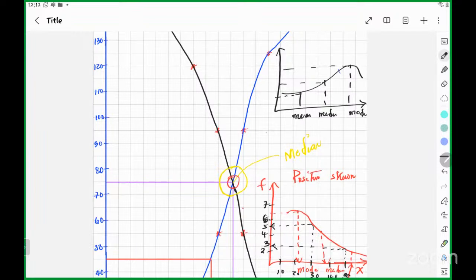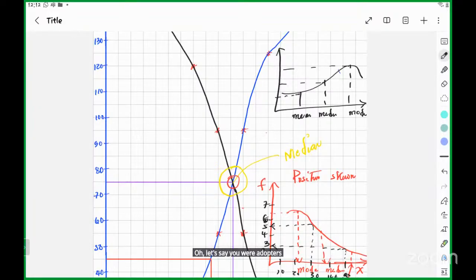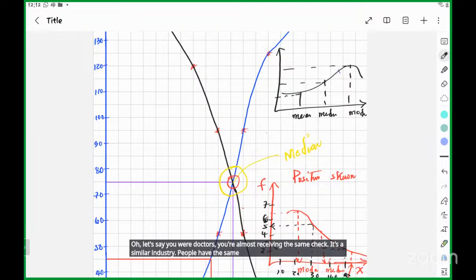When you look at specialized industries, let's say you are all professional accountants, so you're almost at the same pay. Many people are receiving almost a similar check. Or let's say you were doctors, you're almost receiving the same check. It's a similar industry. You get what I mean?